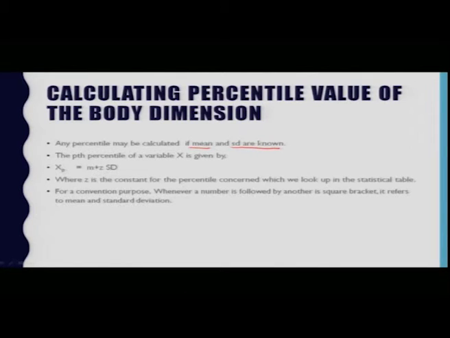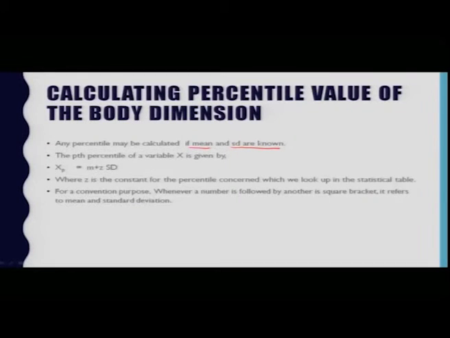There is a formula through which you can calculate the percentile of a variable, let us say x. The pth percentile of a particular variable x, xp, can be calculated as the mean plus z times the standard deviation, where SD is the standard deviation, m is the mean, and xp is the pth percentile.